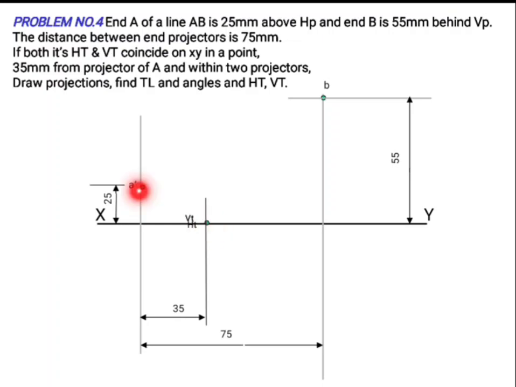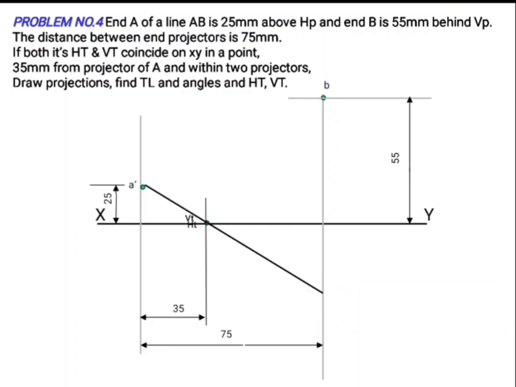Now I am going to join A dash with this common point and extend that to get the intersecting point on the vertical projector of B, that is B dash. So this point is B dash.